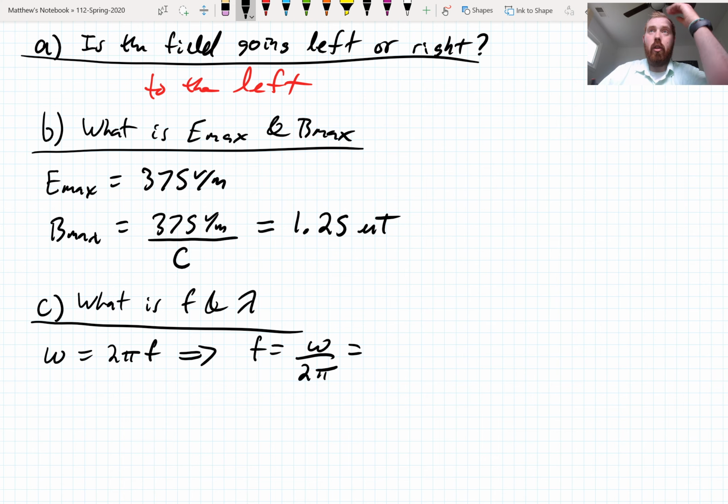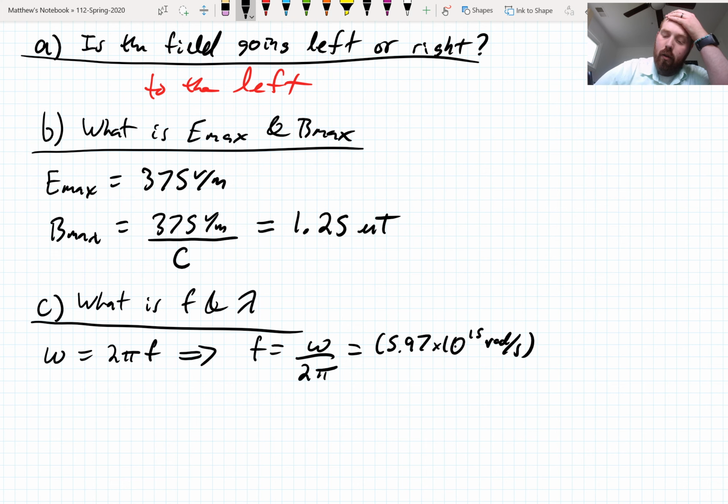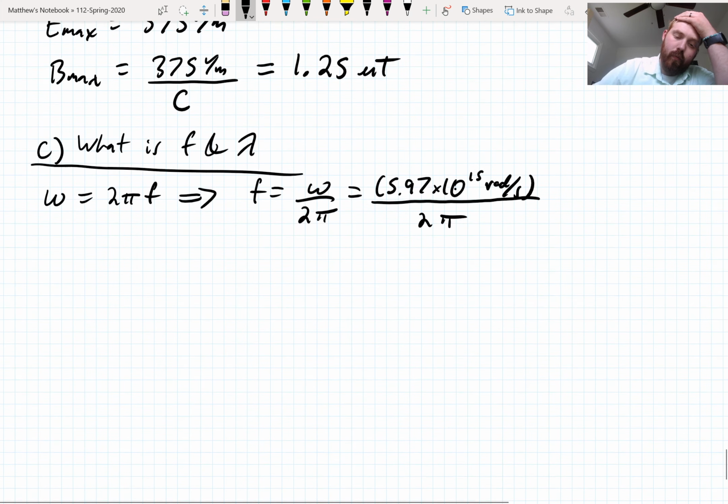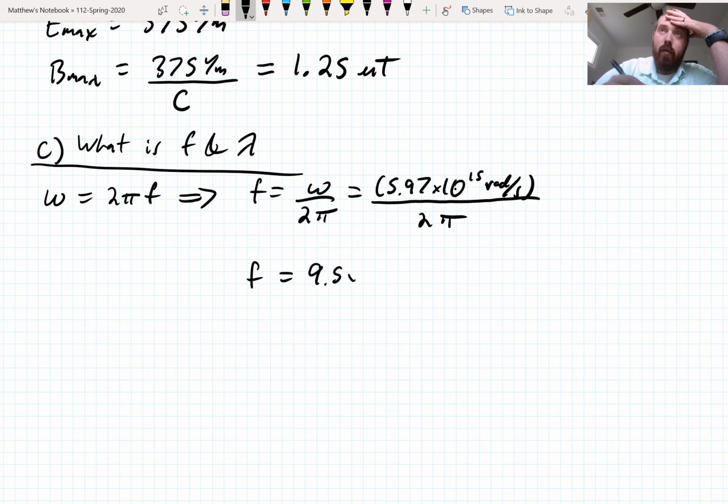The omega is the term multiplying time. So there is that 5.97 times 10 to the 15th radians per second, all divided by 2 pi. We'll find that the frequency itself is going to be 9.5 times 10 to the 14th hertz.